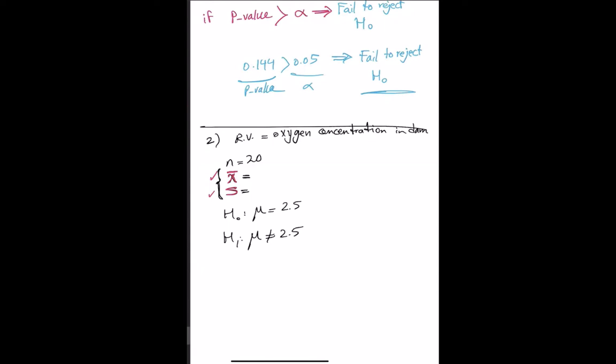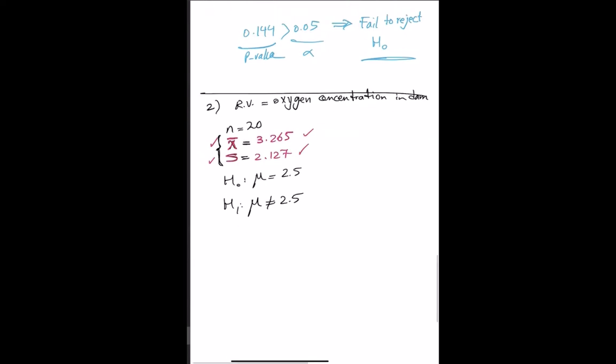Using the same formula, in this example, the average of these 20 samples is going to be 3.265, and the standard deviation using that formula is going to be 2.127. Okay, so now I have a sample of size 20. I've calculated the average of the sample and the standard deviation of the sample. And then I need to test this hypothesis.